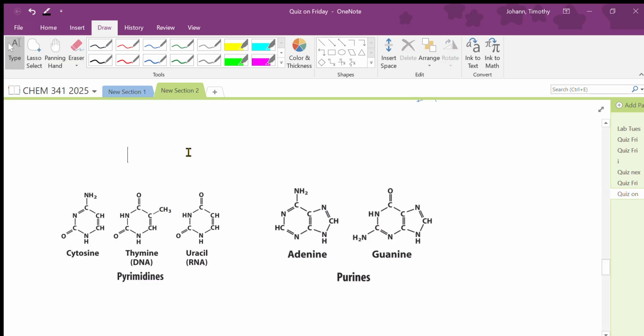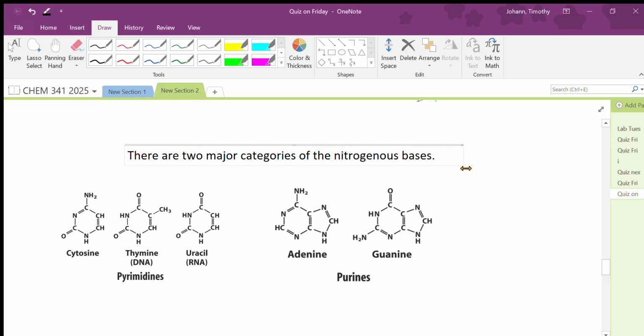Before we do that, I want to just highlight that there are two major categories of these nitrogenous bases. Okay, and those are the pyrimidines and the purines. The pyrimidines are the single ring ones, and the purines are the double ring ones.